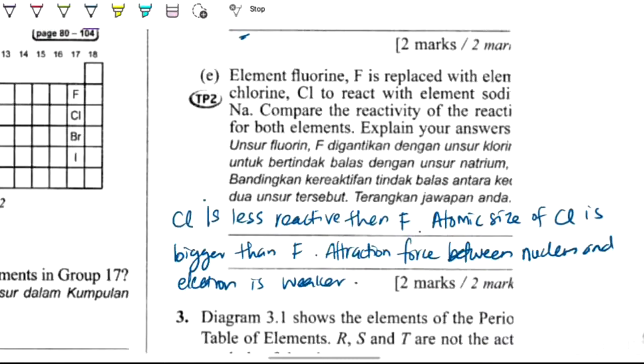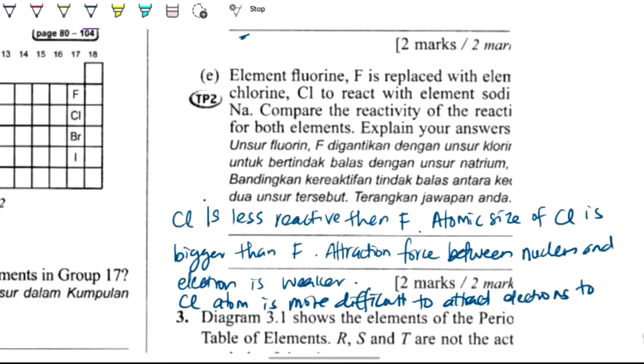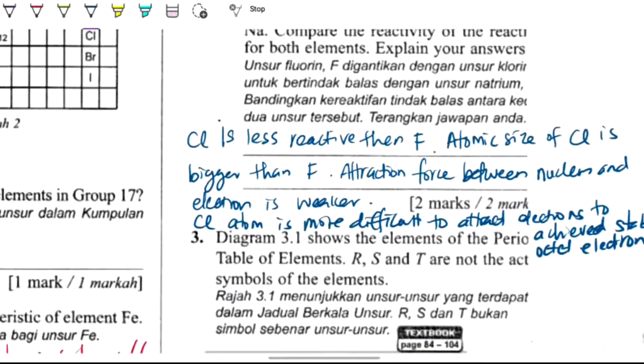So chlorine atom is more difficult to attract electrons to achieve stable octet electron arrangement.